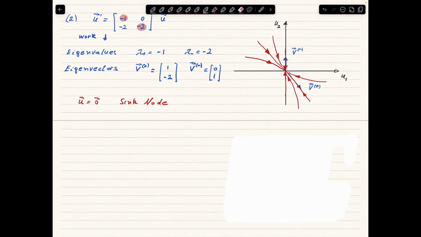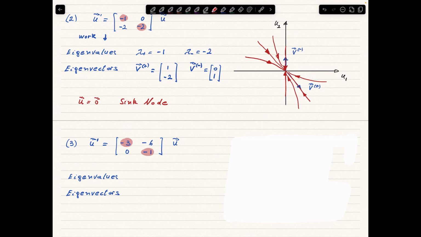Number 3. We need to study the solutions of the linear system with the other matrix, that is -3, -6, 0, -1, acting on the vector u. Okay, again, we need to find the eigenvalues and eigenvectors for this matrix to find what the solutions look like. But as before, in this case it is an upper triangular matrix.